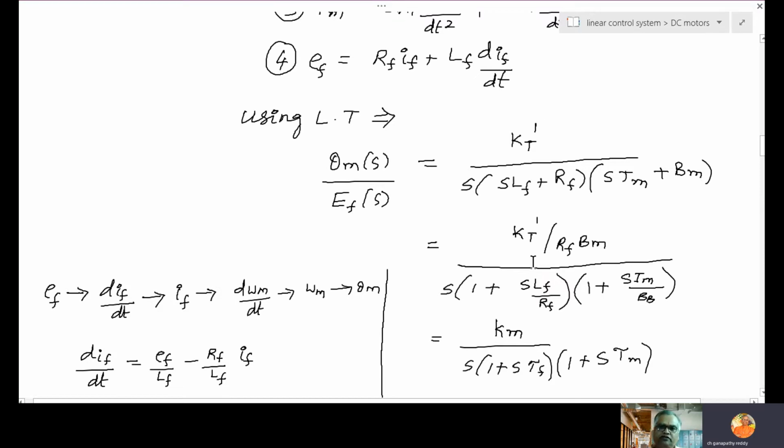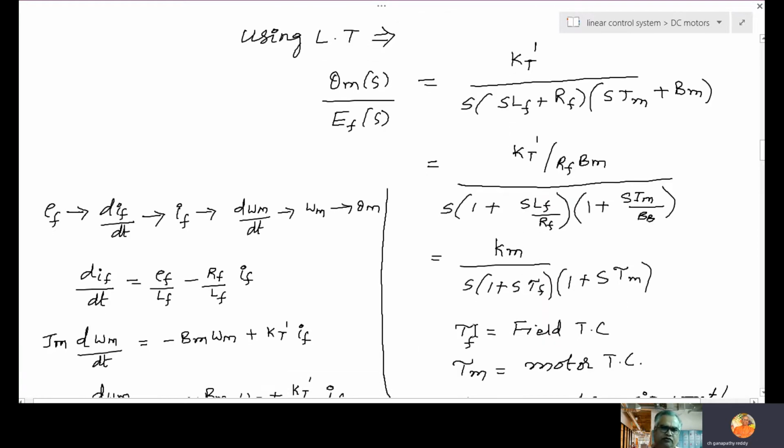Once we convert this, it becomes Km by S into 1 plus S tau F into 1 plus S tau M. One is the motor time constant, the other is the field time constant. From network theory transient analysis, L by R is the time constant. So field time constant, motor time constant. You can also stop here, not an issue, but this is expressed finally in this form also.